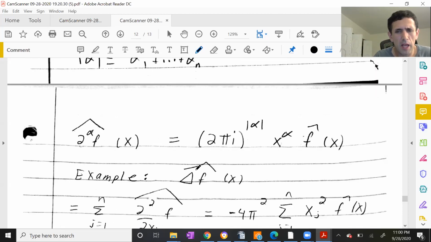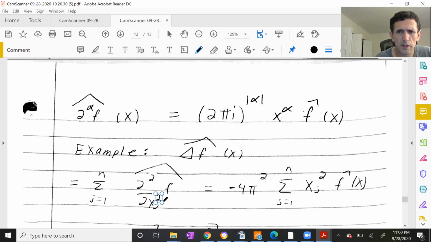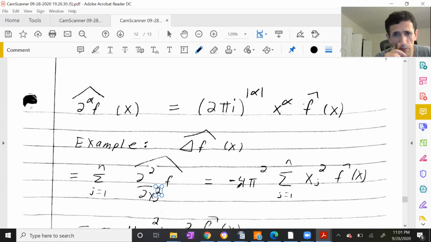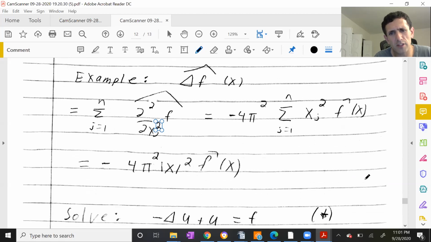But anyway, if we apply this to the Laplacian in particular, remember the Laplacian is just the sum of these partial second derivatives. Apply it to each one, minus 4 pi squared sum of xj squared f hat of x. It's just going to be minus 4 pi squared modulus x squared f hat of x.